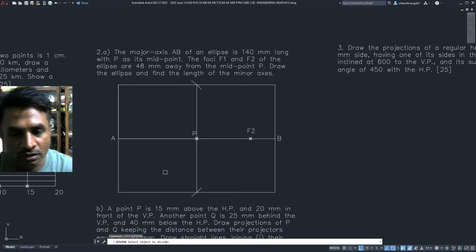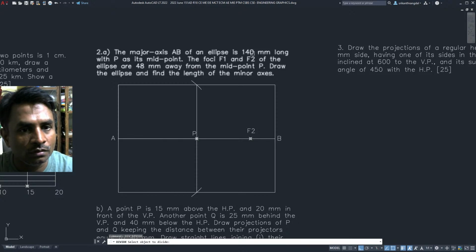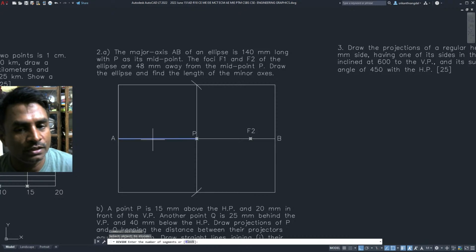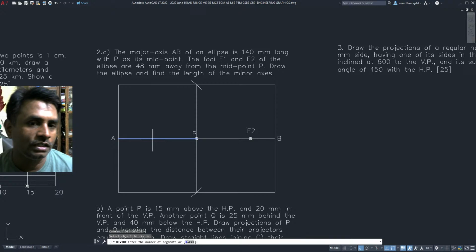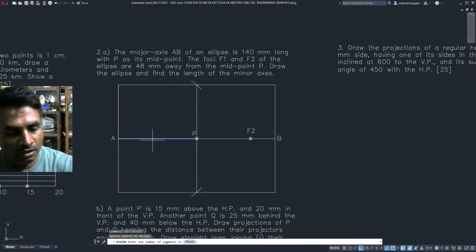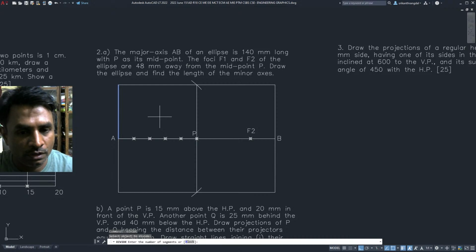Let's make divisions of 70. So 5 divisions are going to be easily possible. So 70 by 5, each division we will get as 14. Let's go ahead and make 5 divisions over here, and this division as well. We will take 5 equal divisions over here.